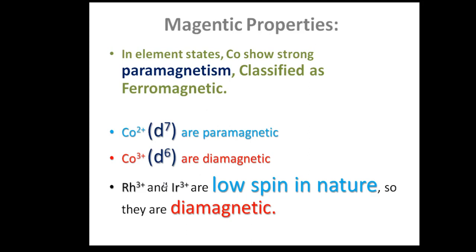That is the reason rhodium 3+ and iridium 3+ are low spin in nature, and when they are low spin, definitely the complex will be diamagnetic. Okay, so this is all about the comparative study of cobalt, rhodium and iridium.